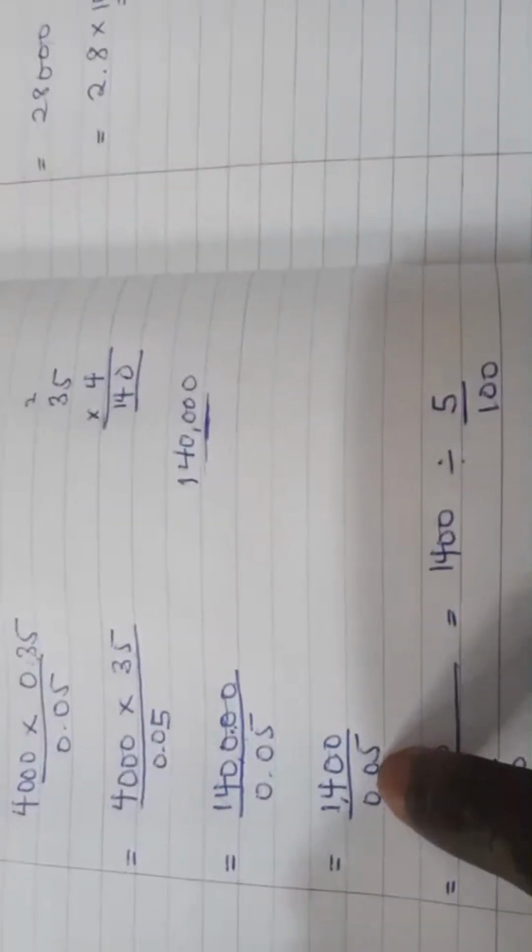And now we have 1,400 divided by 0.05. Again, this 0.05, which is the denominator, can be written as 5 over 100. Why is it so? Because when you look at 0.05, the place of 5 is hundredth.